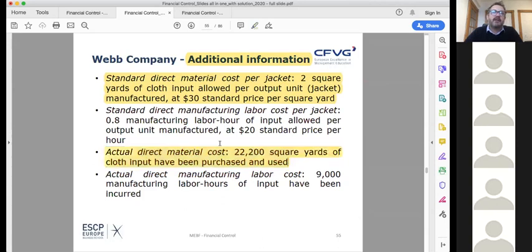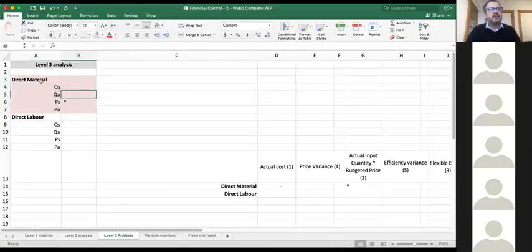So these 2 paragraphs are going to help you now to get into the Excel file for the level 3 to imagine what is QS, QA, PS, PA. So the other 2 paragraphs are for the direct labor. So we talk about that later. Okay, so you use these 2 paragraphs to be able to go into the calculation of this, okay?